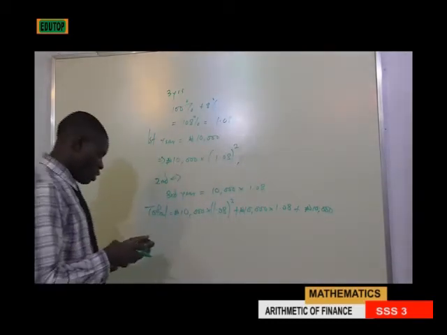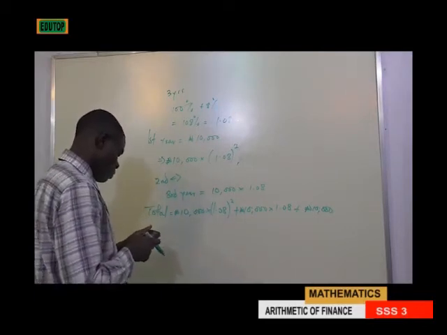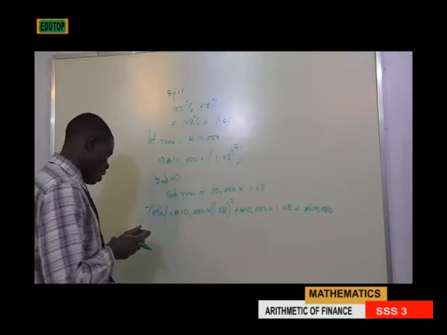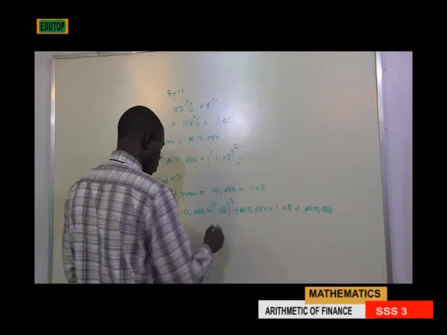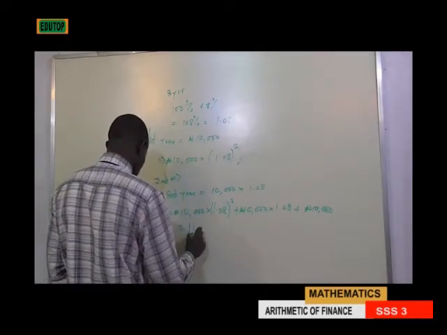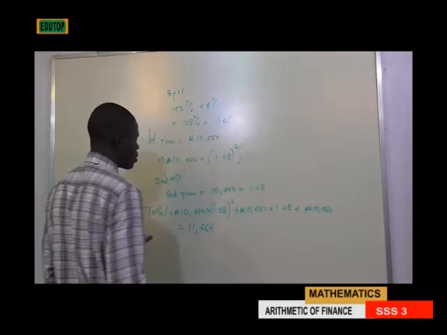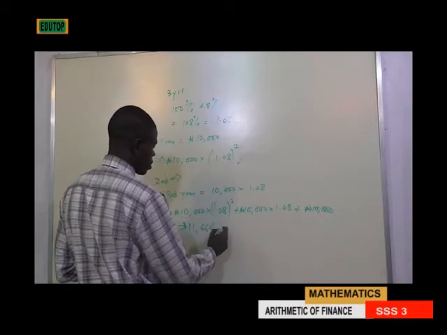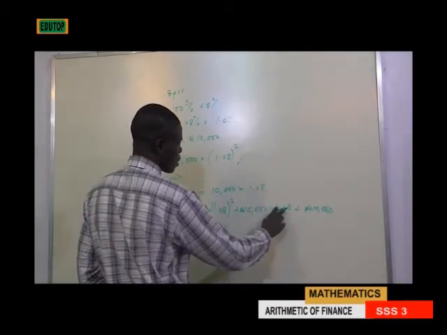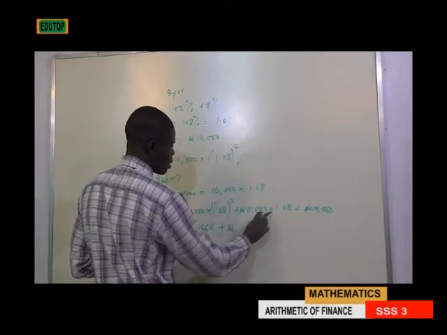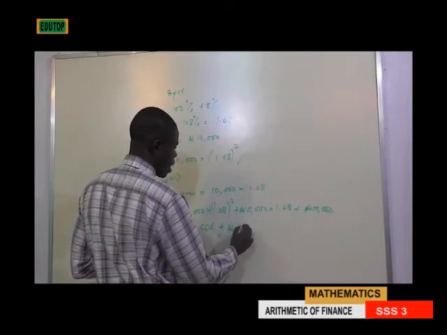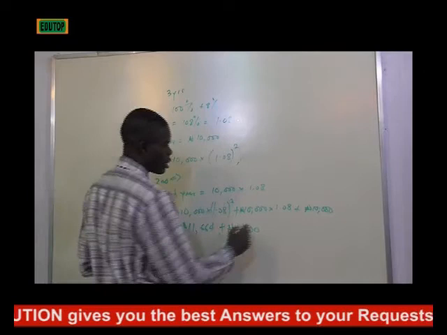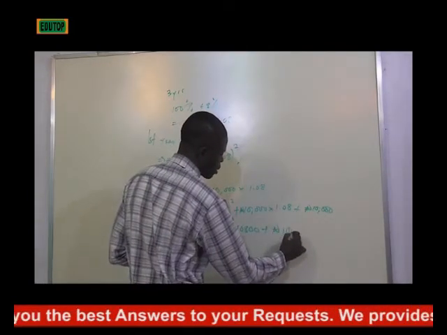Then if we are to resolve this, we have 1.08 squared multiplied by 10,000 naira. That will give us 11,664 naira. Then here plus here we are going to have 10,800, then plus 10,000 naira.